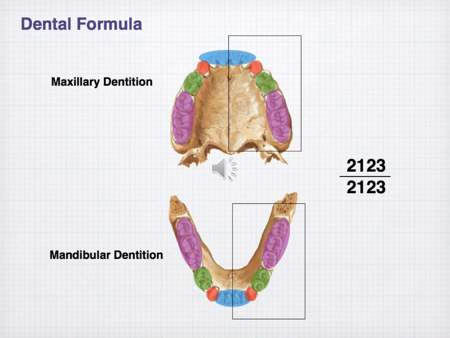So in each one of our quadrants of the mouth, you have 2 incisors, 1 canine, 2 premolars, and 3 molars. And this dental formula, as I mentioned before, is indistinguishable from Old World monkeys and apes. Now, New World monkeys' dental formula is 2, 1, 3, 3. And that's one way to tell the difference between other groups of primates.